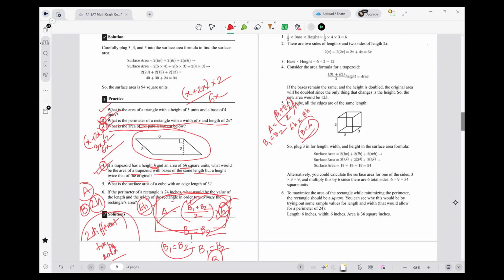And then for a trapezoid with bases of the same length but a height twice of the original, the area would be A2 equals (6 plus 6) divided by 2, multiplied by 2h. So 6 plus 6 is 12, and that is 12h.